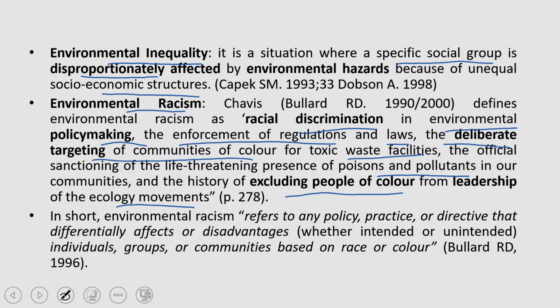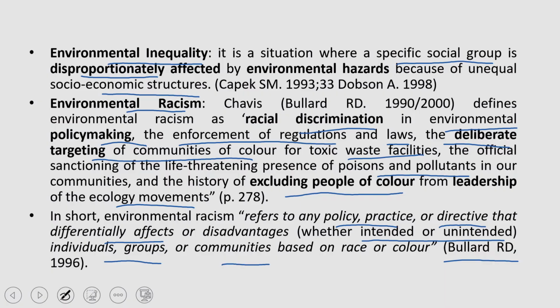Now, another very important definition is given by Bullard, who says that environmental racism refers to any policy, practice or directive that differentially affects or disadvantages individuals, groups, or communities based on race or color. What is very interesting, Bullard says, is whether it is intended or unintended.